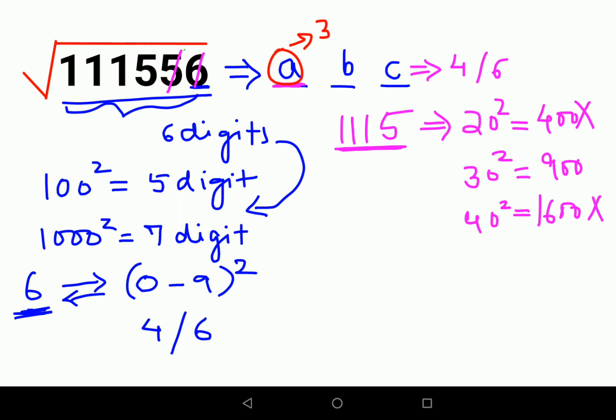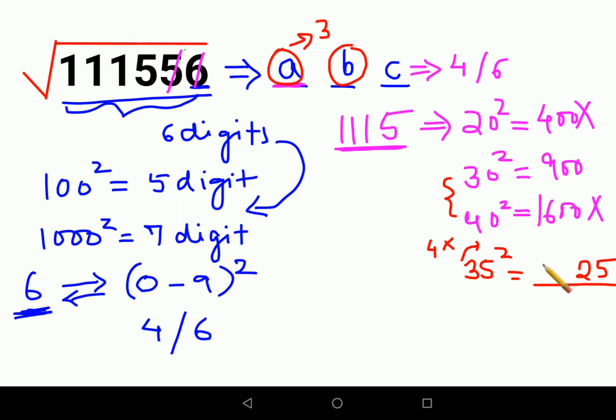Now next, let's find out the value of B. We know that 1115 is lying between 30 squared and 40 squared. So let's try to find the square of 35. The square of any number ending in 5: first we put the last 2 digits, which is 5 squared, that is 25. Then we multiply 3 by the next number, which is 4.